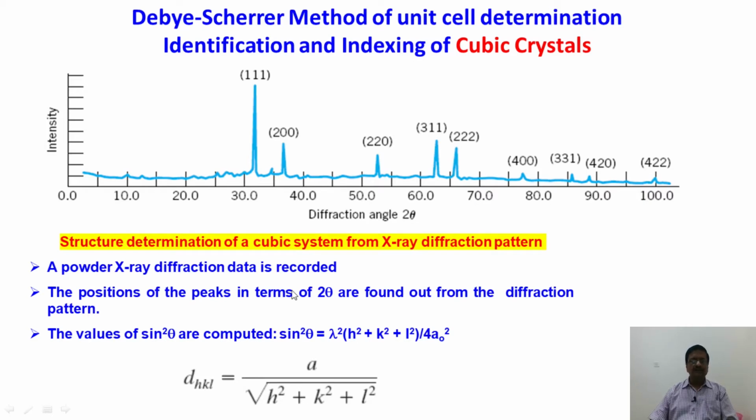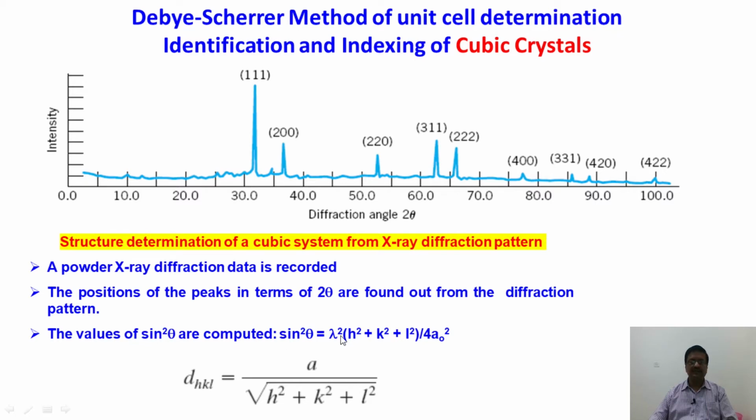So what we do is we find these 2 theta positions, and we use Bragg's law to compute the corresponding d values using n lambda equal to 2d sine theta. Then we introduced you to the relationship between theta and HKL in one of our previous lectures.